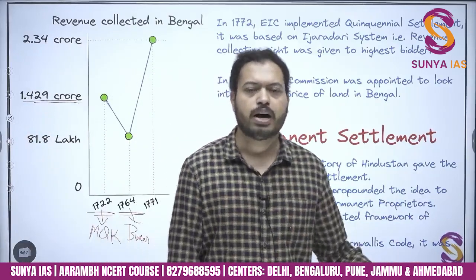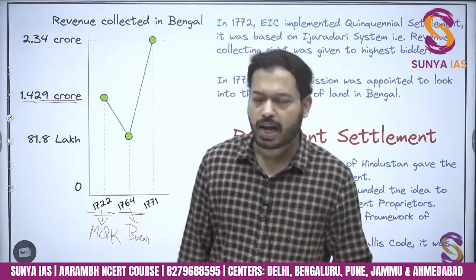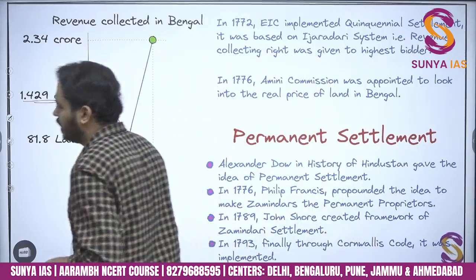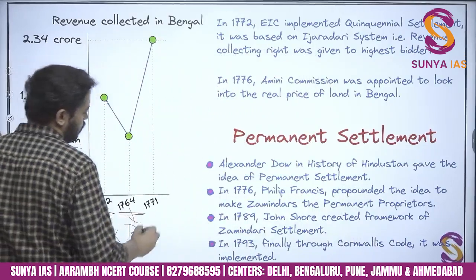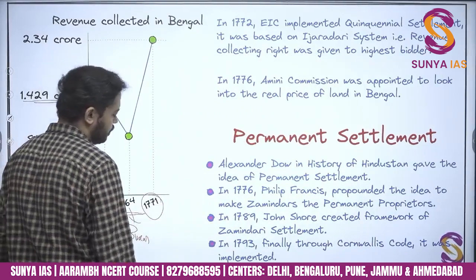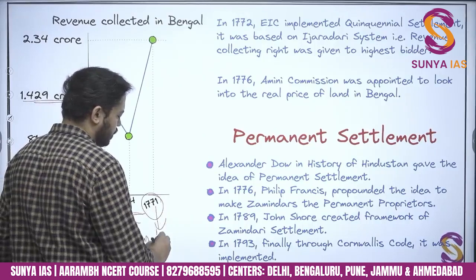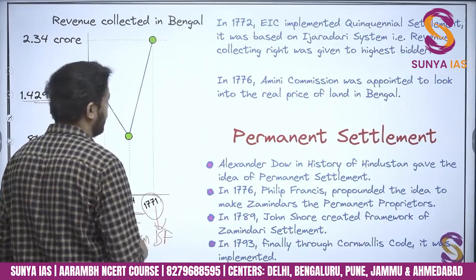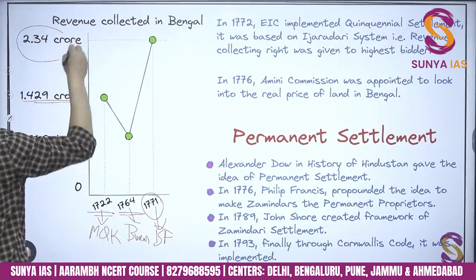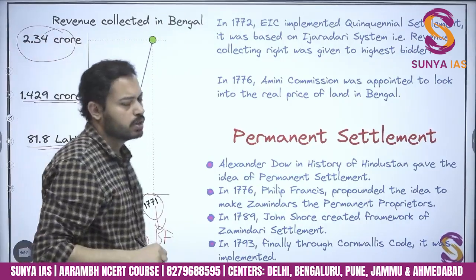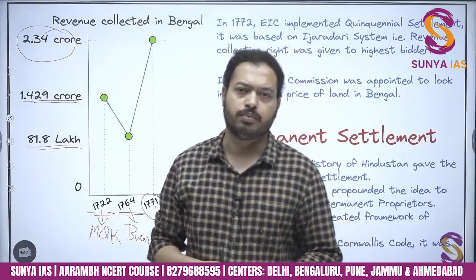The Nawab and the company were fighting each other. So in that year, only 81 lakh rupees of revenue was collected from Bengal. But in 1771, the year after the Great Bengal famine, the revenue collection was 2.3 crore, even more than what Murshid Quli Khan was ever able to collect.